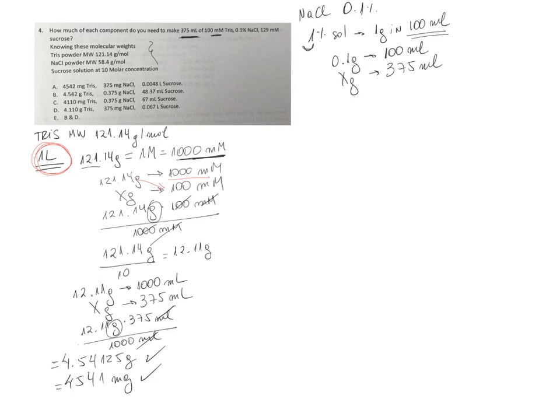So then we are looking for that number. Then again, cross multiply 375 mLs times 100 mLs and divided by 0.1 grams. Sorry, I made a mistake here.